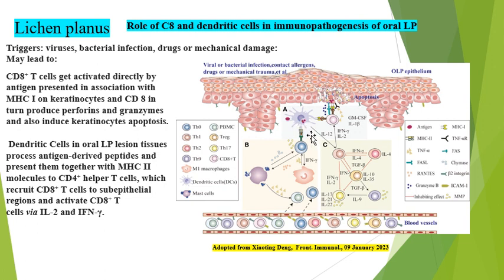This T helper 1 produces interferon gamma and IL-2 and recruits more CD8 cells, and this induces more destruction. This figure is adopted from this author.